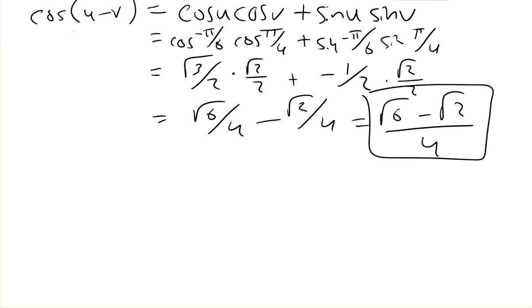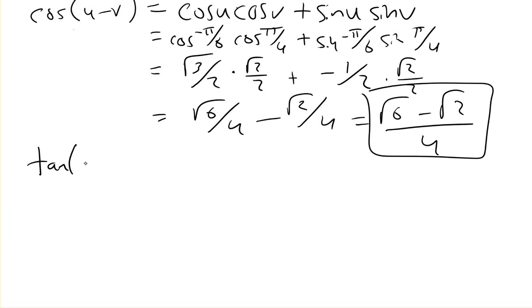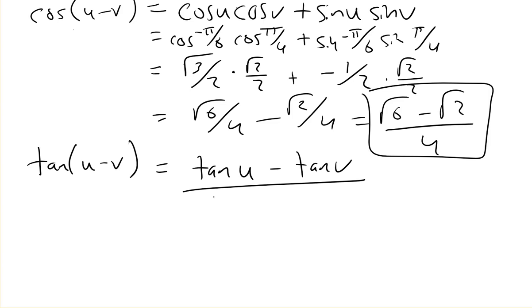Okay, and then the last one that they asked for was tangent. Let's practice in all three. So the tangent formula is going to look a little different. U is still going to be -pi/6.